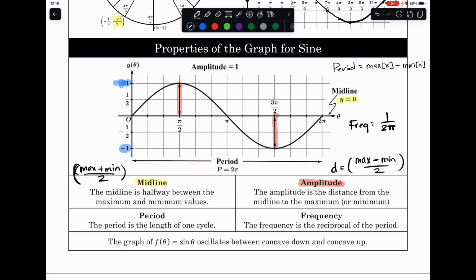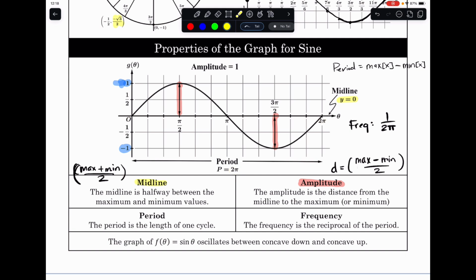And for a sine function, like I mentioned earlier, our sine function always starts on the midline, has a maximum first, and then has a minimum second before the cycle finishes. So we can figure out what the distance is from here to here by subtracting the maximum x value by the minimum x value. We're going to get our period, which in this case is just 2 pi, because 2 pi minus 0 is 2 pi. And finally, the frequency.